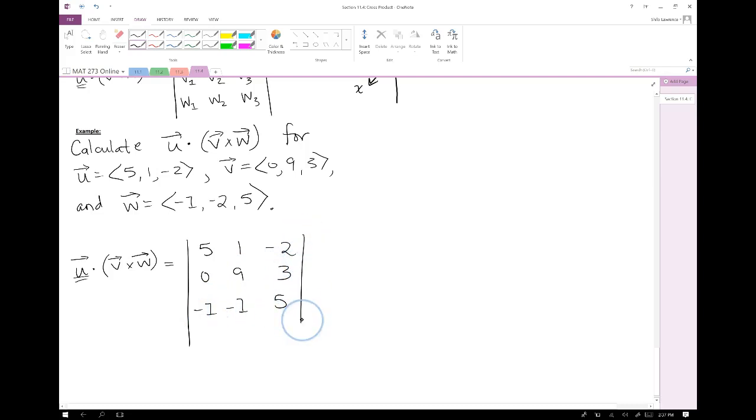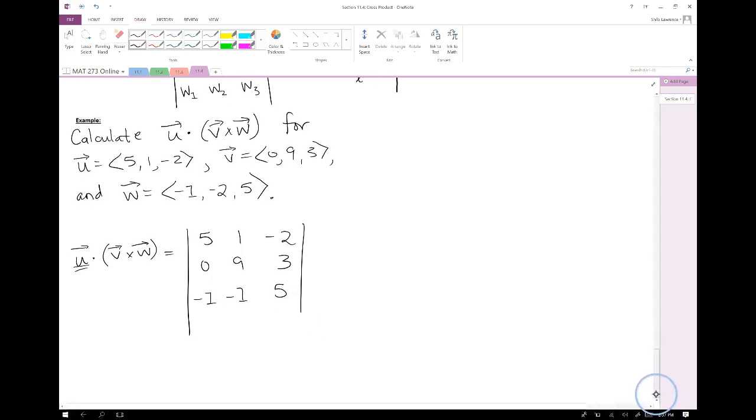And the cofactor expansion is exactly the same. The only difference is we're not going to see the IJK. So start with the first entry in your first row, block off its column and its row, and when we do that, what we have left is this 2x2 matrix: 9, 3, negative 1, 5. And then move to your second entry.